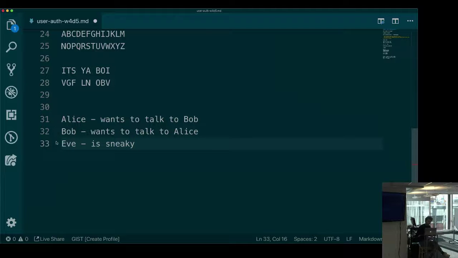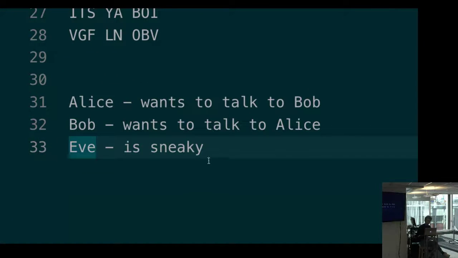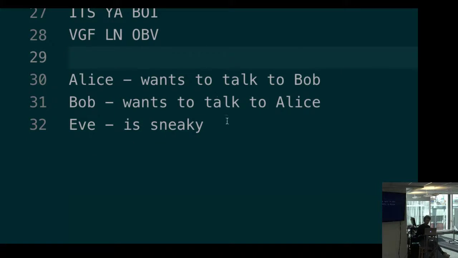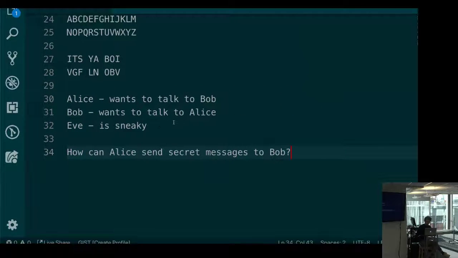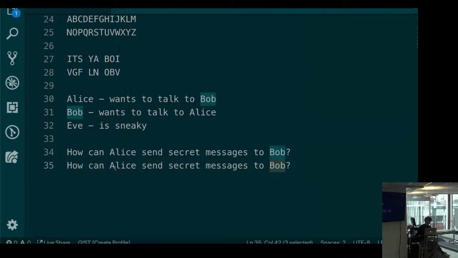Really, our whole thing is that over the course of the lecture, we're going to look at how can Alice send secret messages to Bob? Vice versa as well. How can Bob send secret messages to Alice? Because that's a different question.